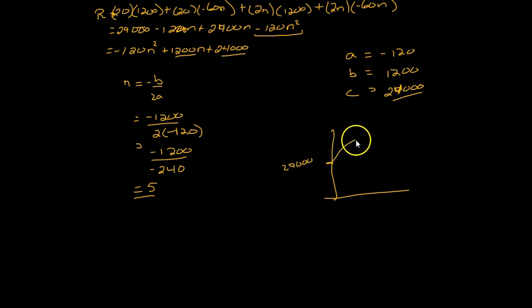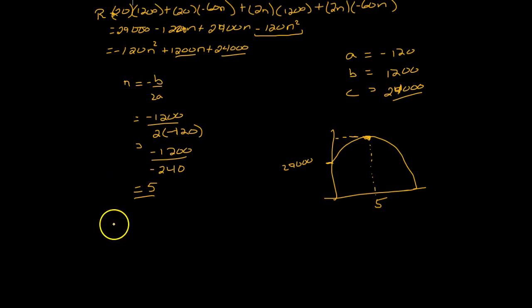The graph goes up and it comes down. Axis of symmetry will come down and tell me 5. So it's 5 price increases. Then we use the information to get what our maximum profit would be, or revenue.